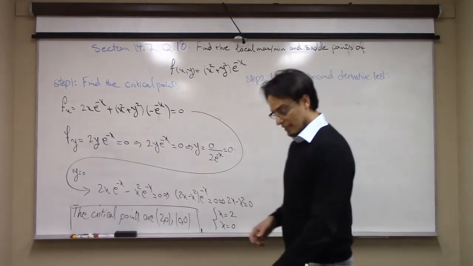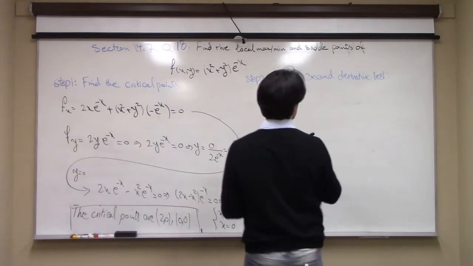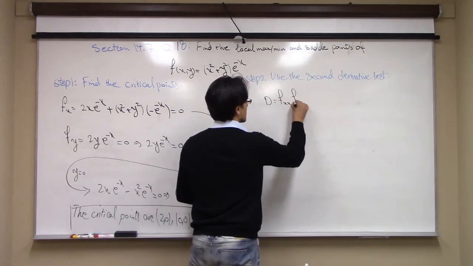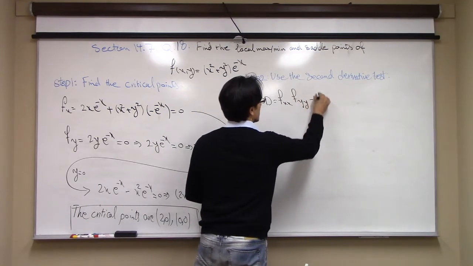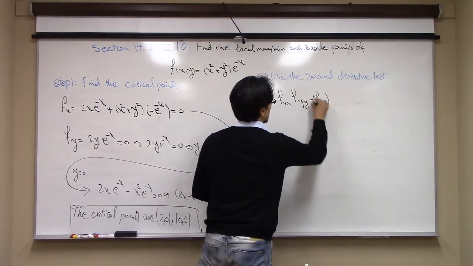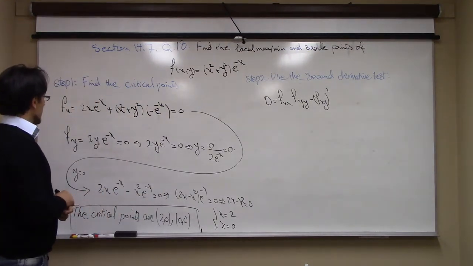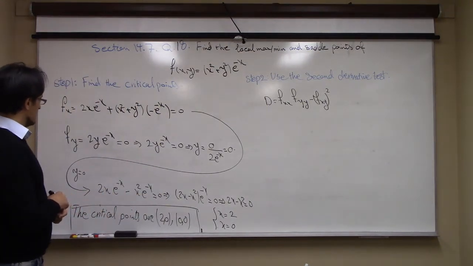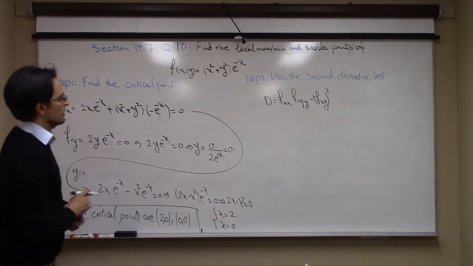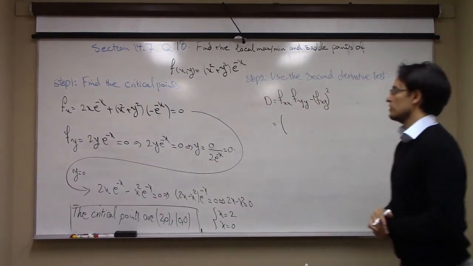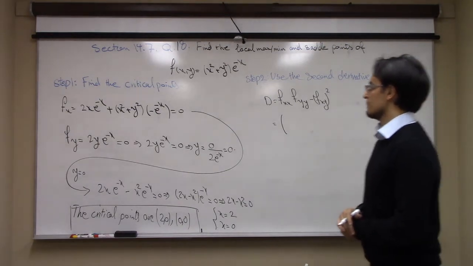Go to your notes or your book. The first thing you'll see is that for the second derivative test we need to form the function D equals fxx fyy minus fxy squared. So fxx, okay, this is going to be a long computation.